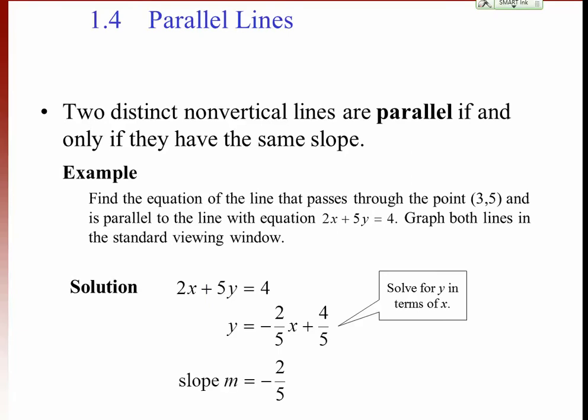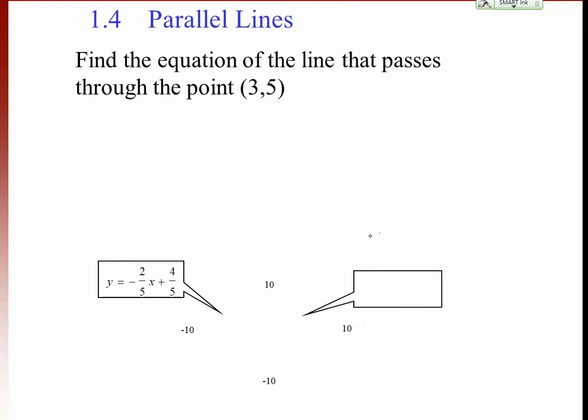So remember, we want the same slope, -2/5. We want it to go through the point (3, 5). Okay, so we want to find the equation that goes through (3, 5). We know it has that slope, so we're going to use y equals mx plus b.